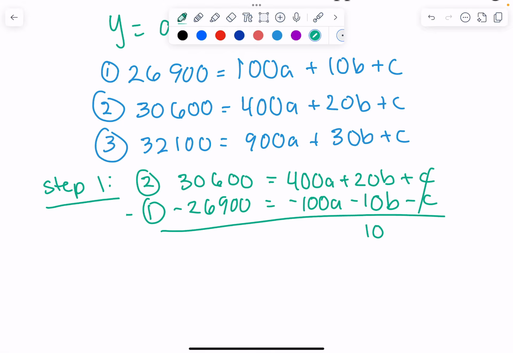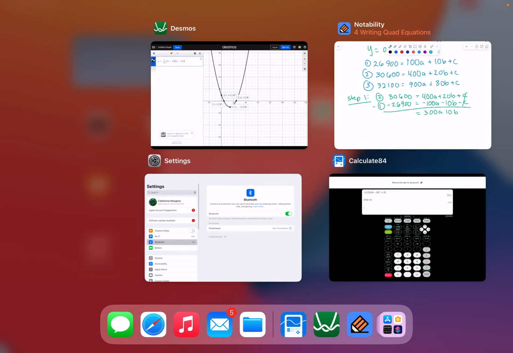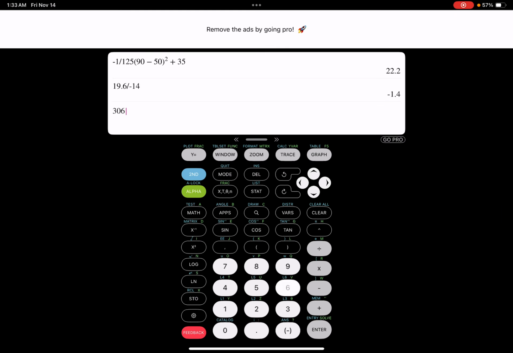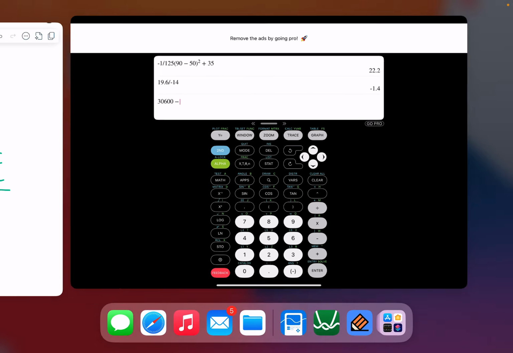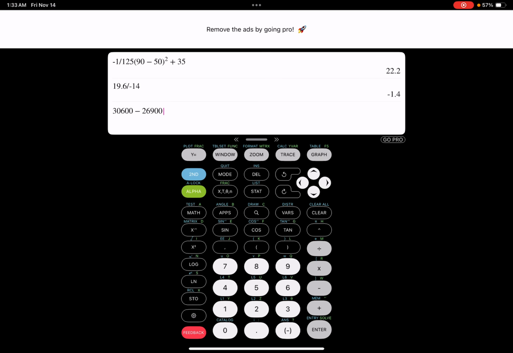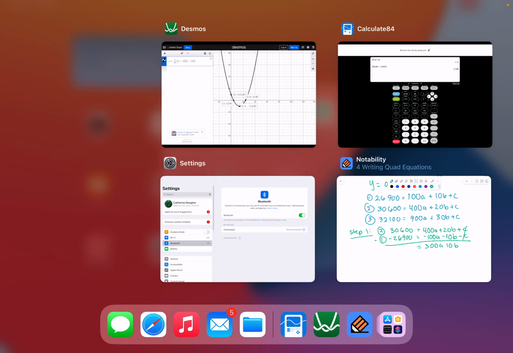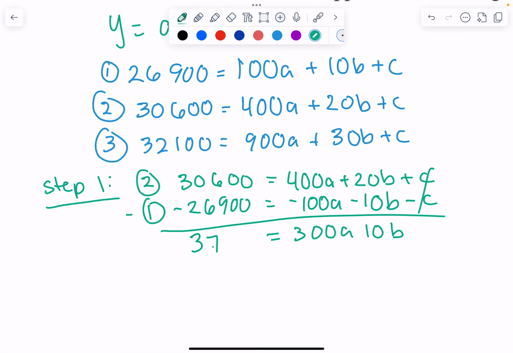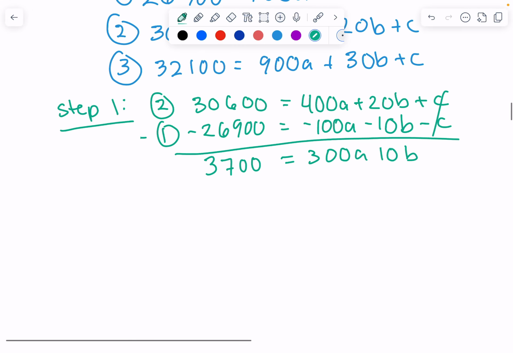Cancel 10b, 300a, 3,700. Okay, that's step 1. Step 2, I take 2 different equations, and I do the same thing.